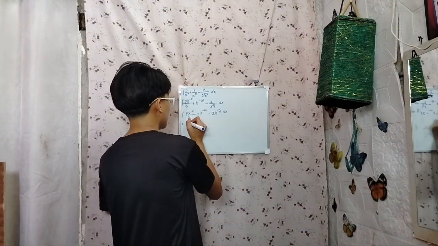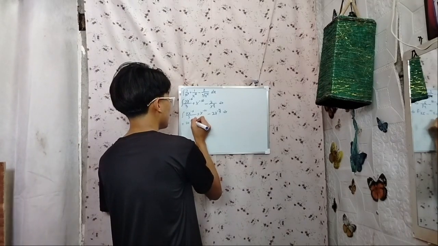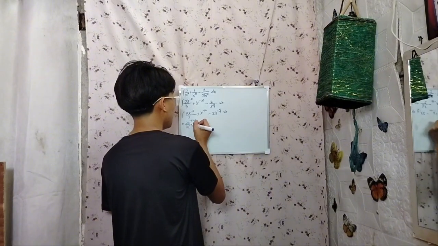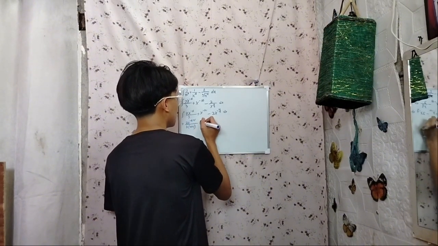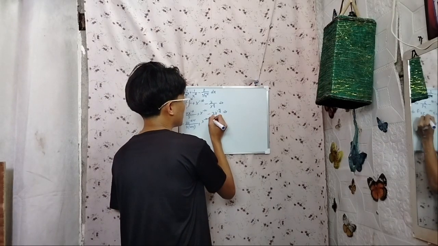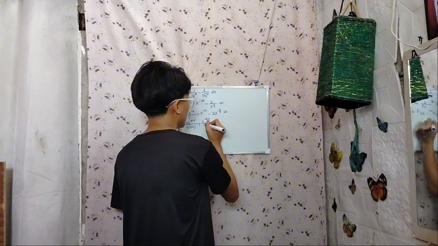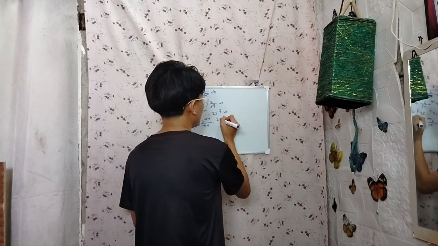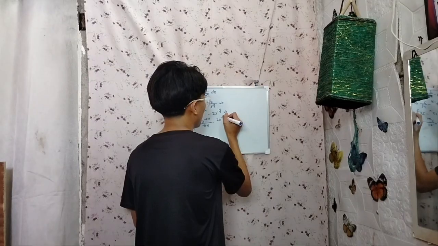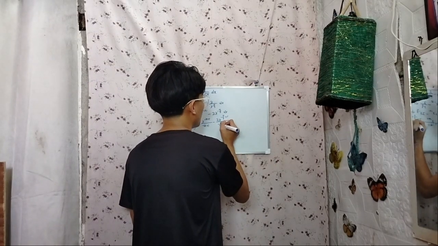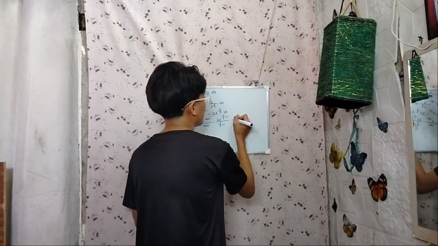So 7x raised to negative 6 plus 1 over 3 times negative 6 plus 1, plus x raised to negative 10 plus 1 over negative 10 plus 1, minus 2x raised to negative 4/3 plus 1 over negative 4/3 plus 1, plus c.